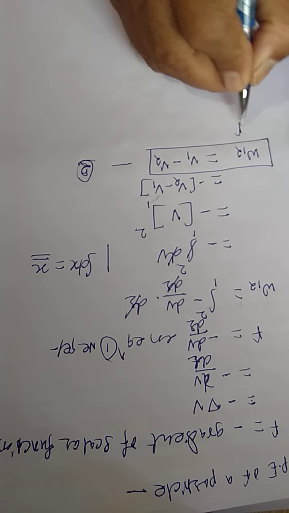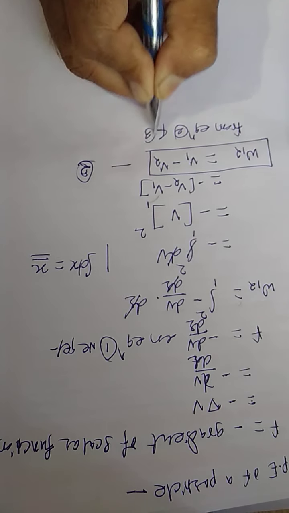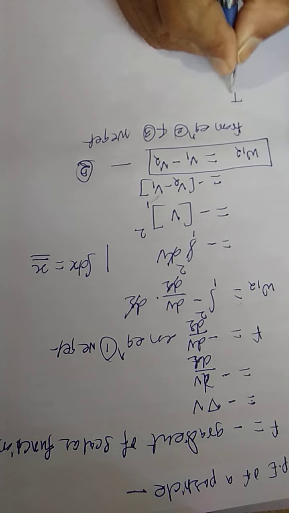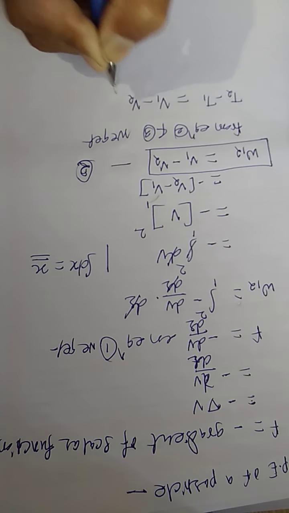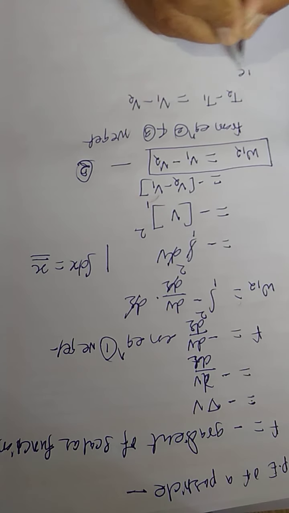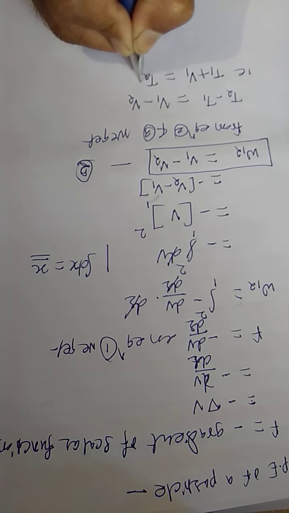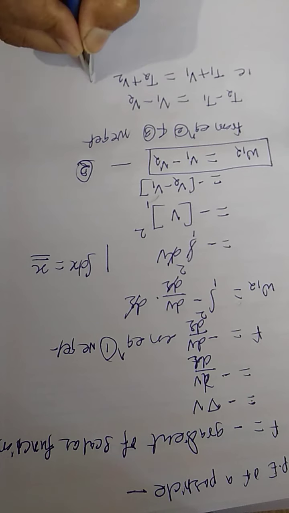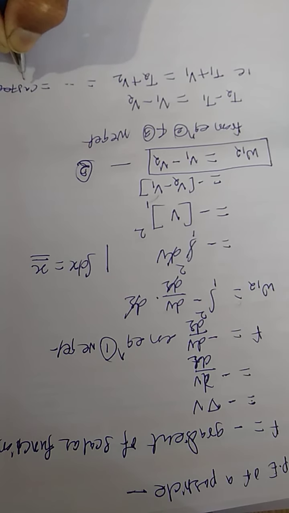From equations 2 and 3, we get T2 minus T1 equals V1 minus V2. That is, T1 plus V1 equals T2 plus V2, which is equal to a constant.